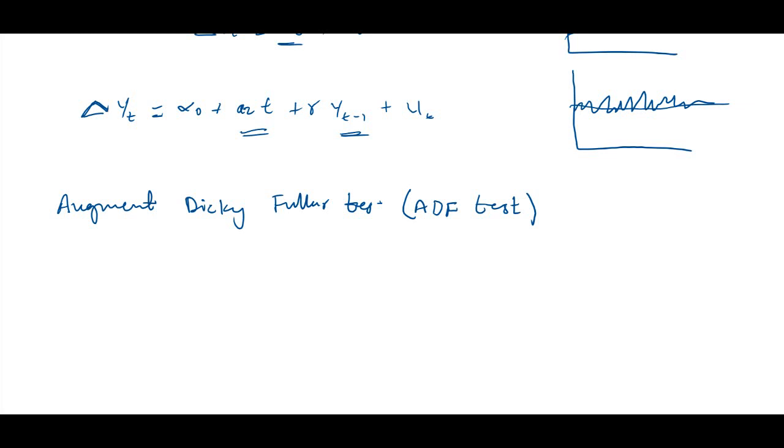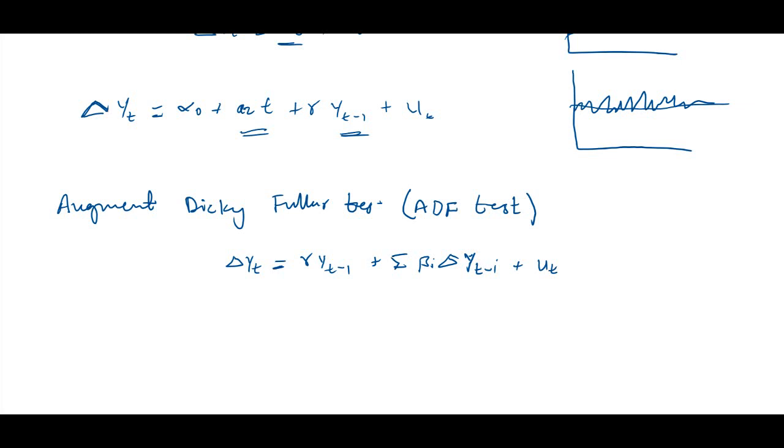So again, we have three possible cases, the same cases, but what we now want to change here is that instead of simple yt minus 1, we also introduce the lag terms with it, and these lag terms can be written as delta yt is equal to gamma yt minus 1 plus summation bi delta yt minus i, and the value of i is from 1 up to p, so it can have any number of lag lengths that we require.